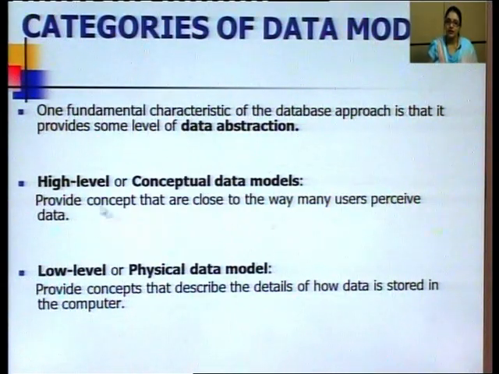When it is a higher level of abstraction, it is known as the conceptual data model, which provides the concepts which are very close to how many users perceive the data. And the low level of abstraction is the physical level abstraction, which represents the physical data model that provides the concepts which describe the details of how physically the data is stored in the computer.